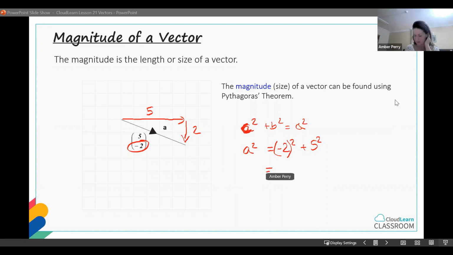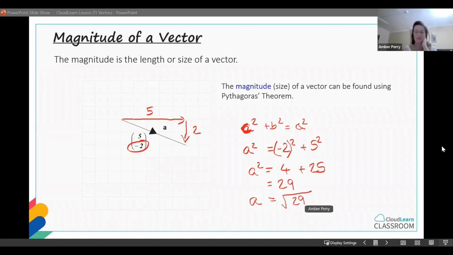So now A squared is equal to 2 squared plus 5 squared, which is 4 plus 25. So it's equal to 29, which I think you put in the chat, so well done. But remember that A itself is equal to the square root of 29. So the magnitude of this is actually the square root of 29, which is something we need a calculator for.